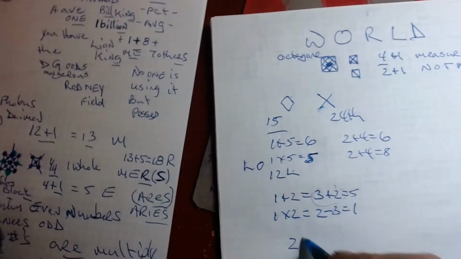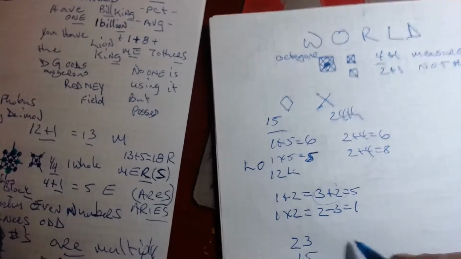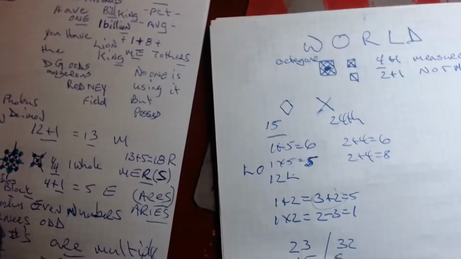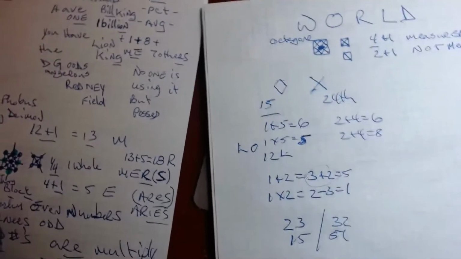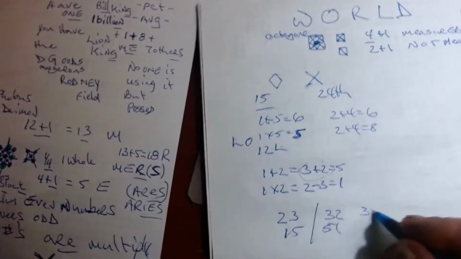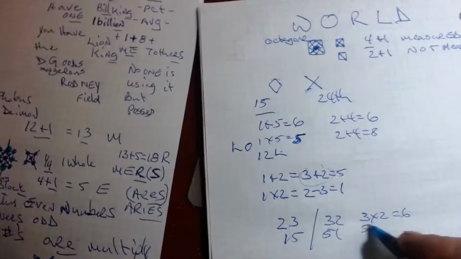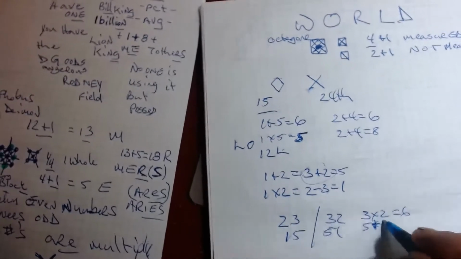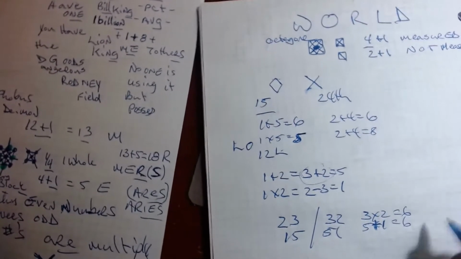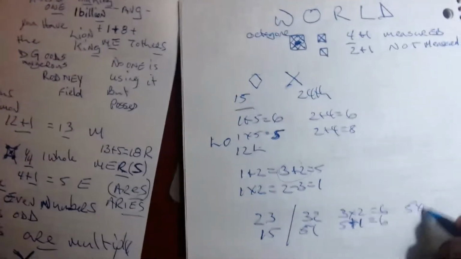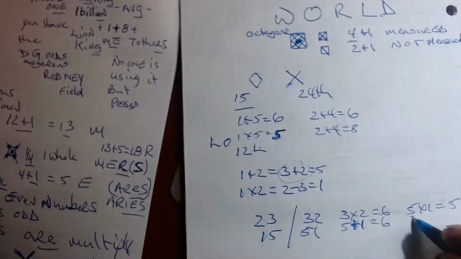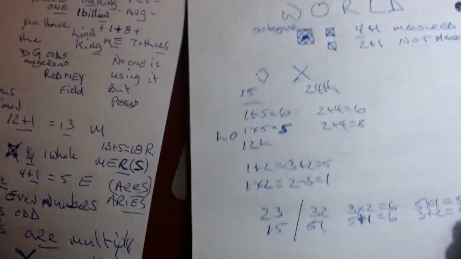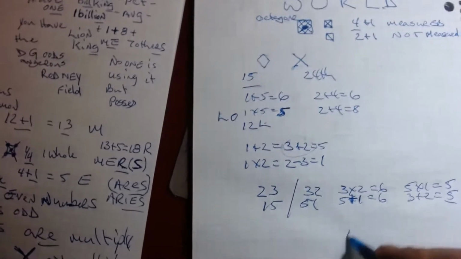This 23 and 15, or 32 and 51, are exactly alike. 3 times 2 equals 6. 5 plus 1 equals 6. 5 times 1 equals 5. 3 plus 2 equals 5. Freedom.